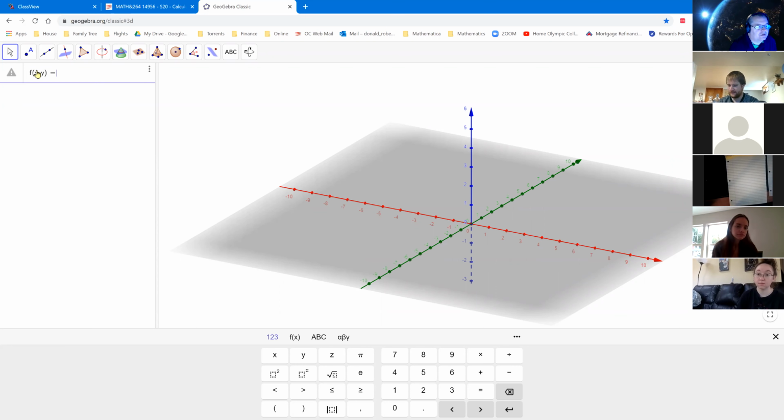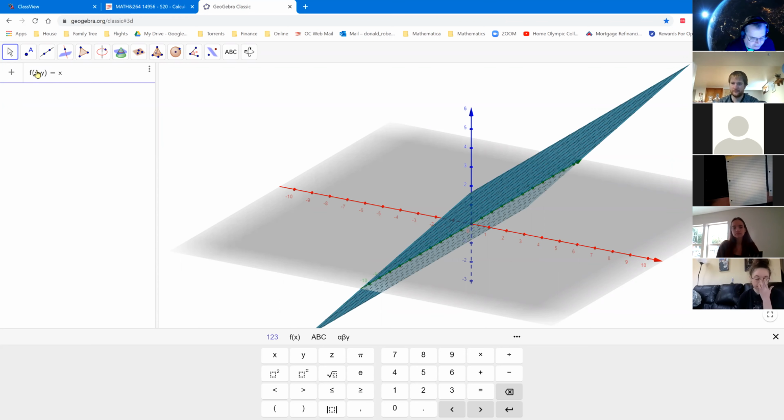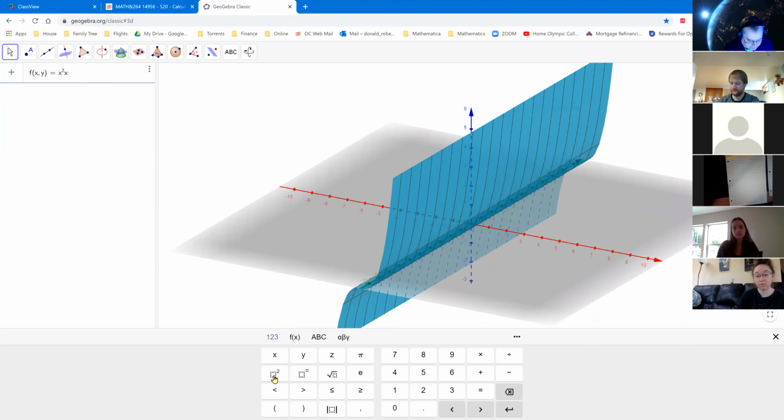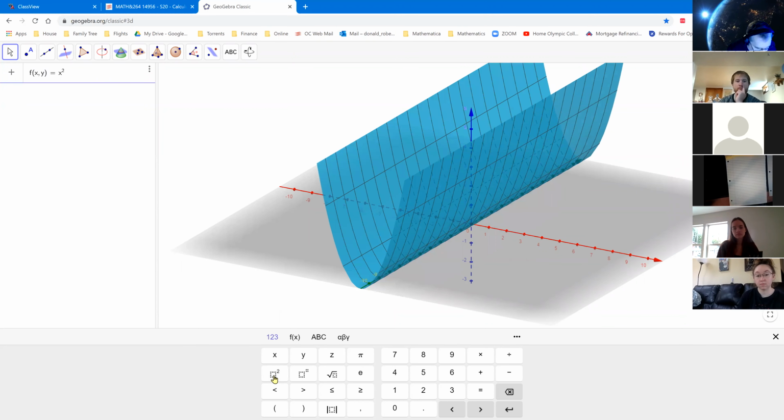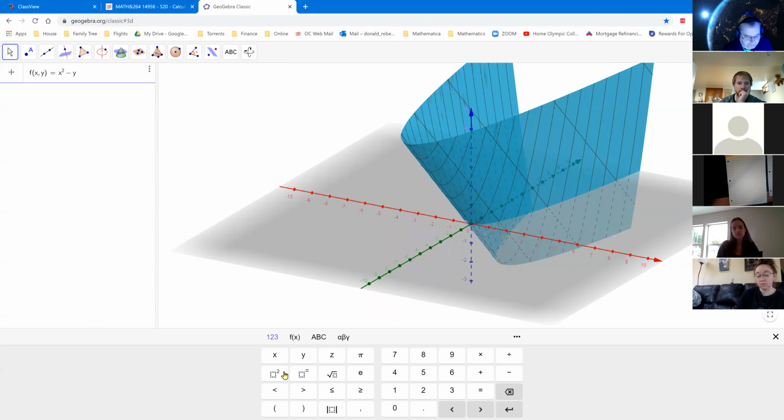So if you take a function and you just wanted to know what it looked like, there's x squared, take away... Actually, let's leave that one for a minute because it's kind of interesting. This is what f of x,y equals x squared minus y looks like. Are you all seeing the GeoGebra that I have in front of me?